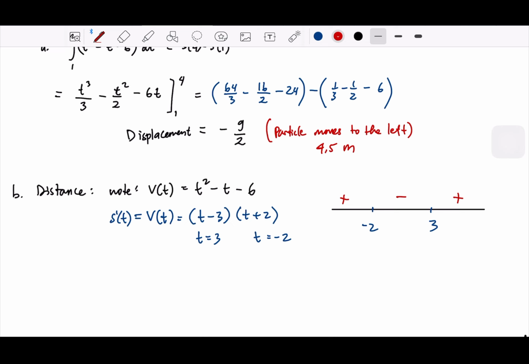If we take t equals 1, we can check: it is going to be negative 6. If we have 3, it should be 0. If we take something close to 3, let's say 2.5, it is also negative.